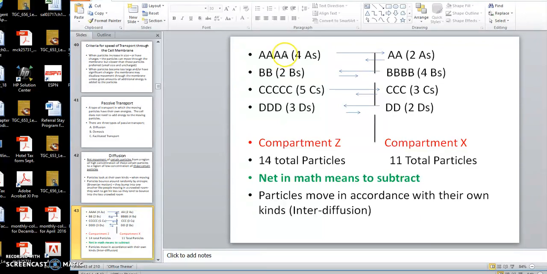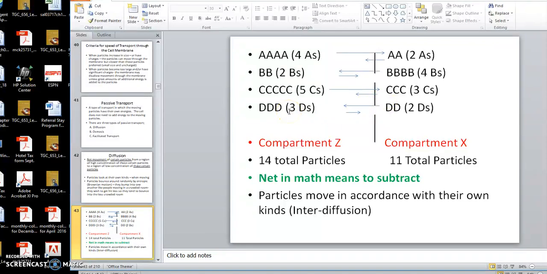A particles, because there are more of them, are going to get bounced more often this way. Not to say that some won't go the other way. They don't have a brain. Vice versa, more B's would go this way, but some still would go that way. C's would go mainly this way, but some will go back the other way.